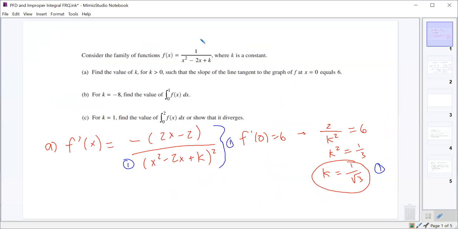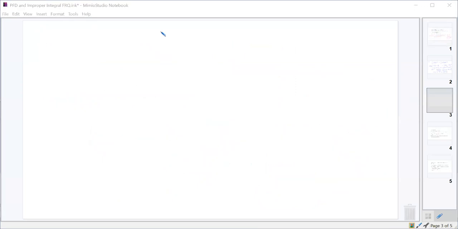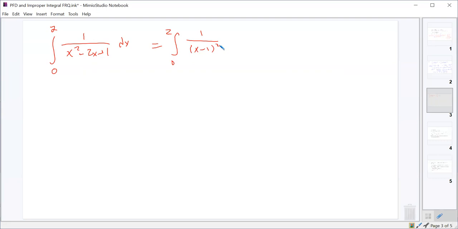All right. So for part C, it's asking us to give a k equals 1 value and then find the value for the integral from 0 to 2. So we should then be looking at the integral from 0 to 2 of 1 over x squared minus 2x plus 1 dx, which we can rewrite as 1 over (x minus 1) squared, because that's going to make that integral really easy to do.